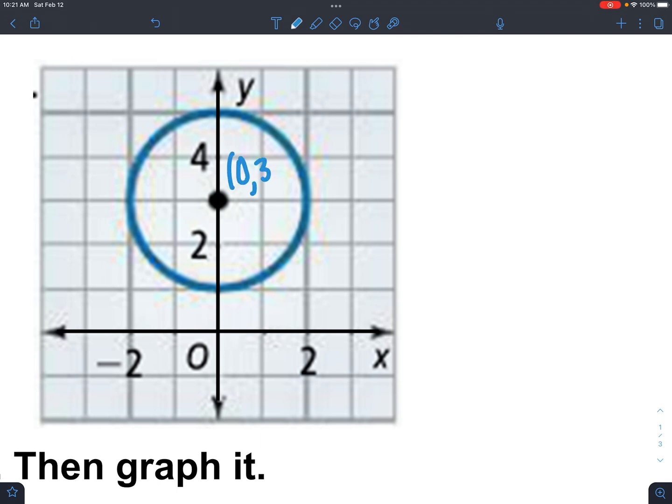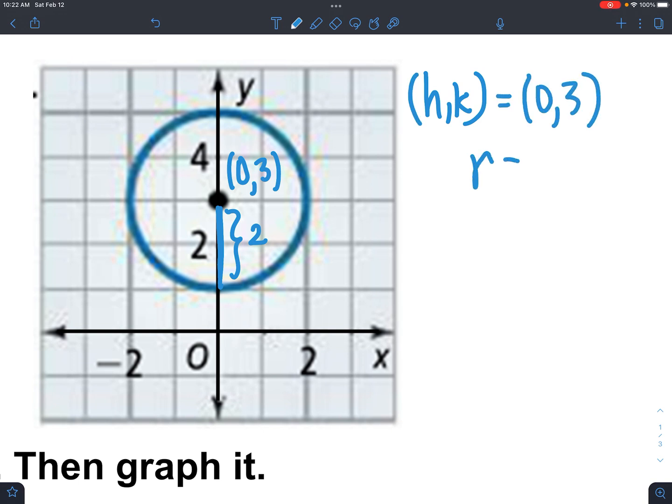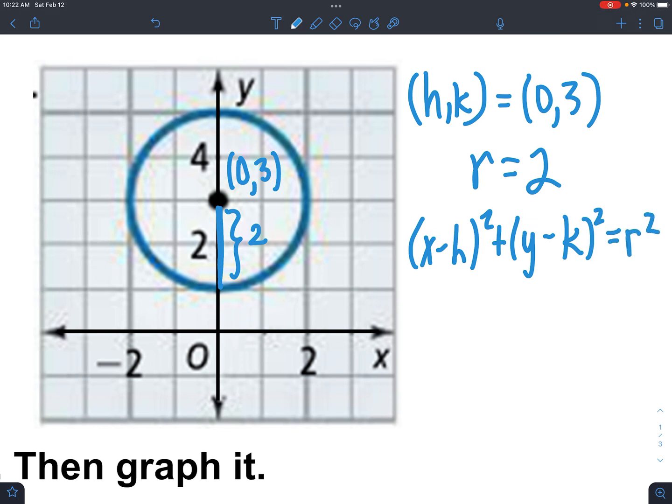And again, find the center, which will be (0, 3), not (3, 0). And the radius looks to be, again, 2. So get our equation in there and just plug in.